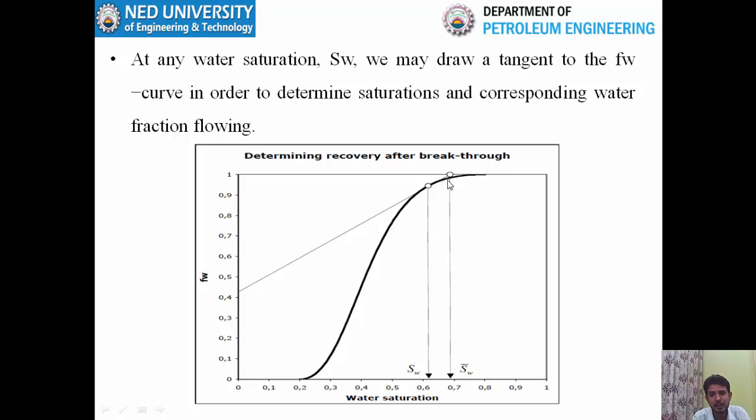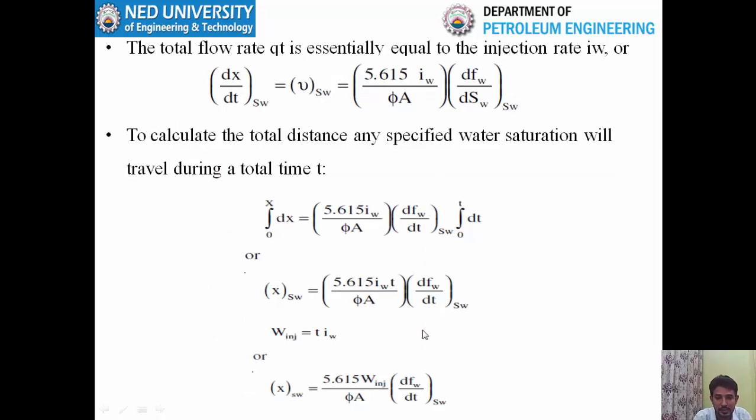So you take any 2 points on this tangent, and the tangent is drawn at a particular saturation, and this is the saturation at which you want to calculate the position of the front. So you draw a tangent, and from selecting any 2 points on the tangent you can calculate a slope, and that slope will be used in this equation to calculate the position of the waterfront.